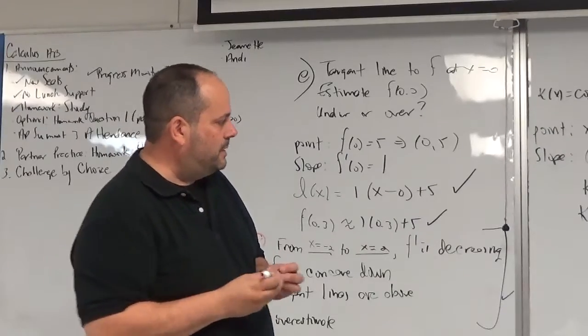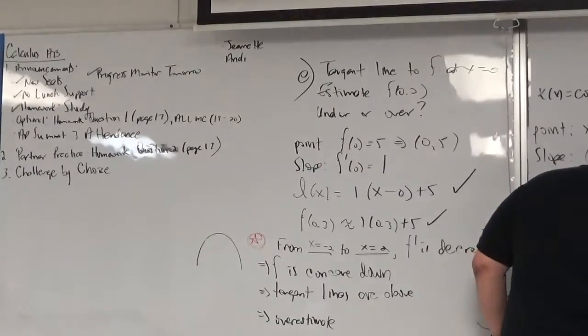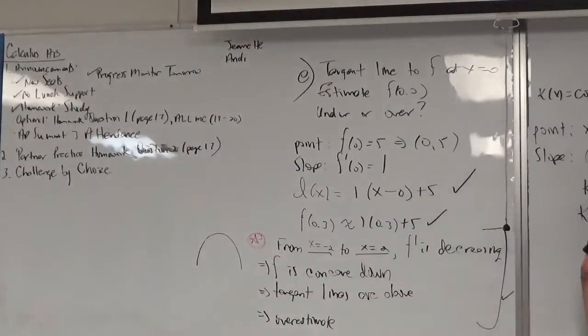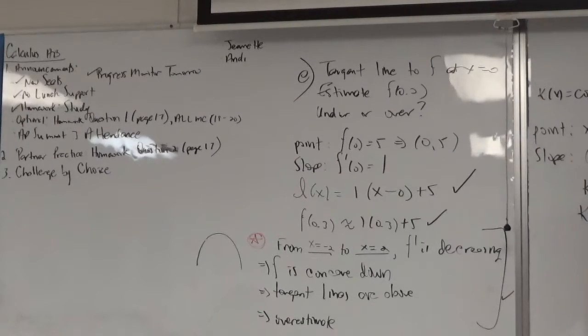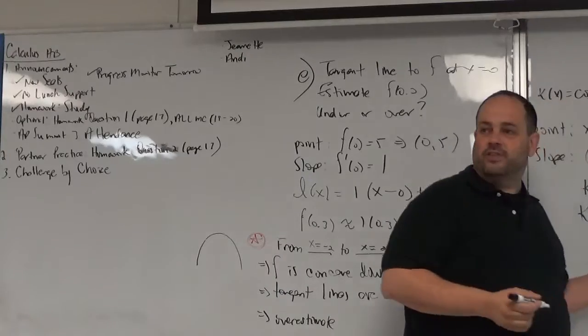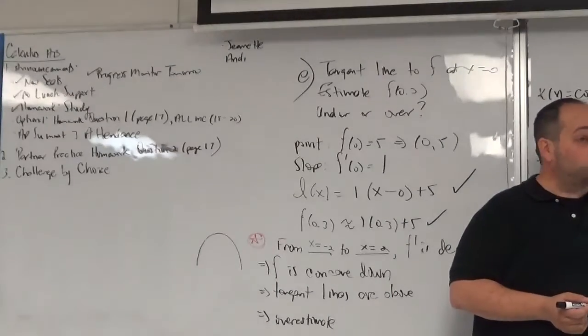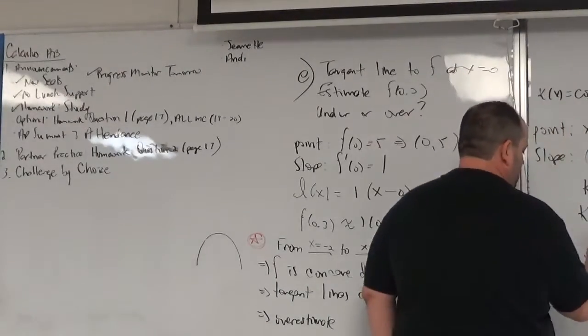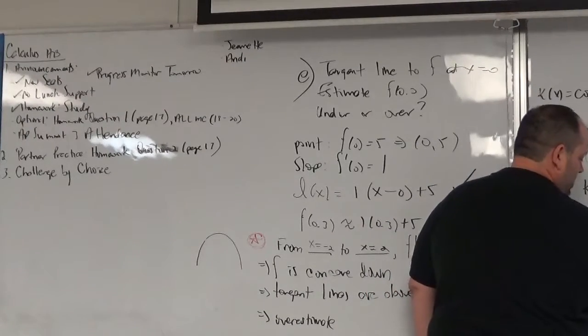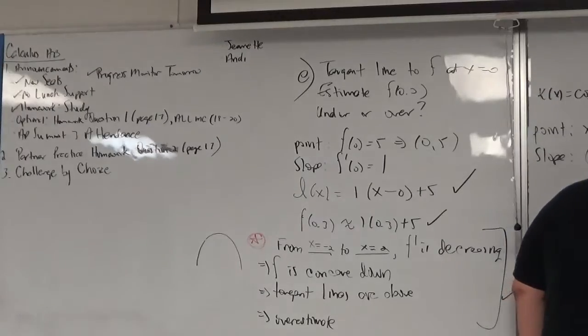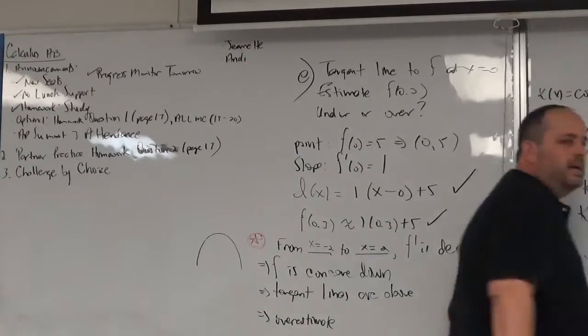And f of 0 we know is 5, f prime of 0 is 1. Everything there's a number, that's your slope. And you're just going to write now L of x is your big ugly slope number times x minus 0 plus e to the 5th.